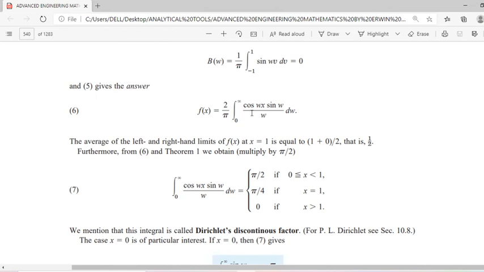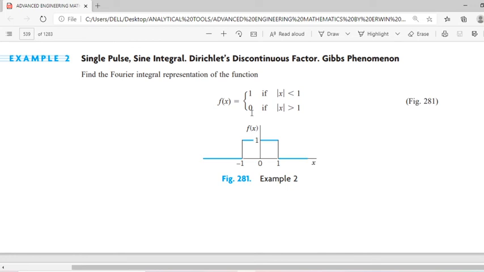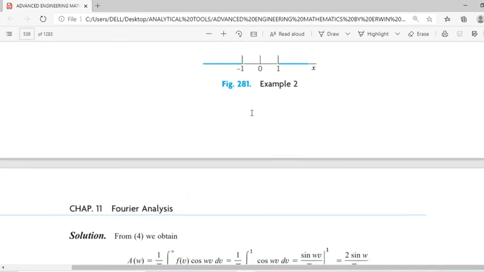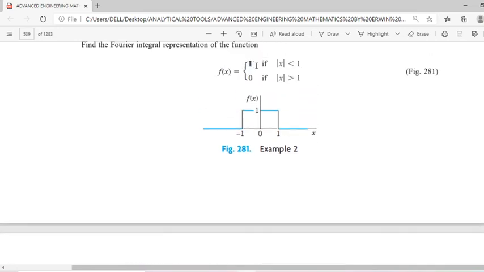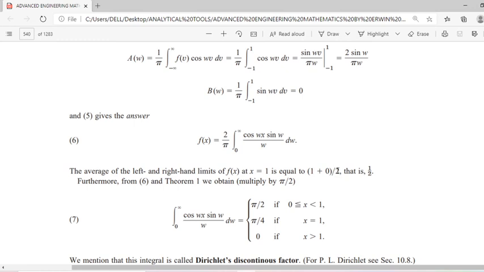The right limit will be 0. From the left side, when x tends to 1, f(x) will be 1, and if we approach x from the right, it will be 0. So 1 by 2 is taken.